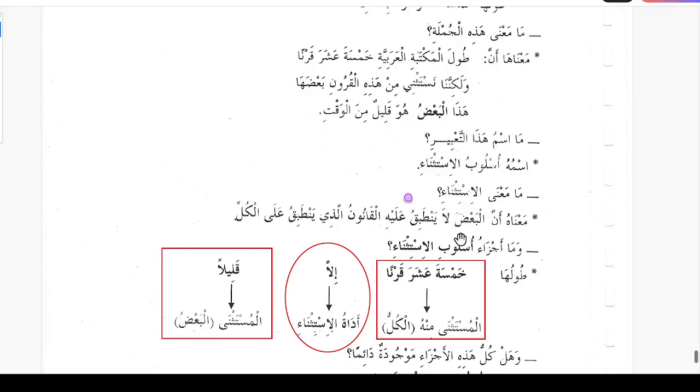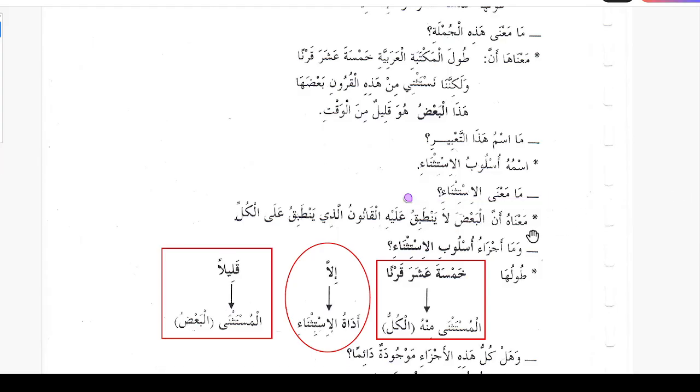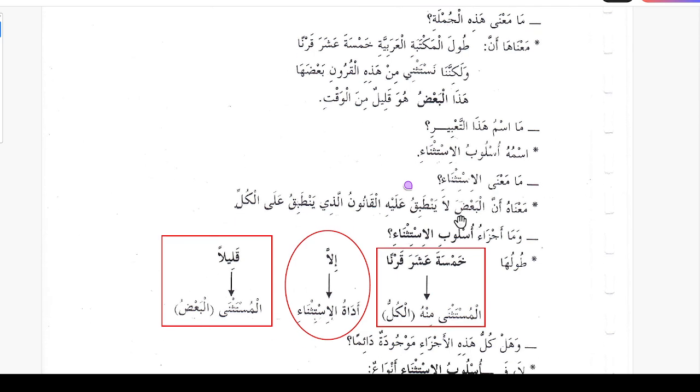Manahu annal baza la yantabiku ilayhil kanunu allazi yantabiku alal kulli. Its meaning is that on the part, la yantabiku, so this is the verb, intabaka yantabiku, to apply, form 7. So its meaning is that on the part that we are making an exception, the law that applies to the whole does not apply on the part.